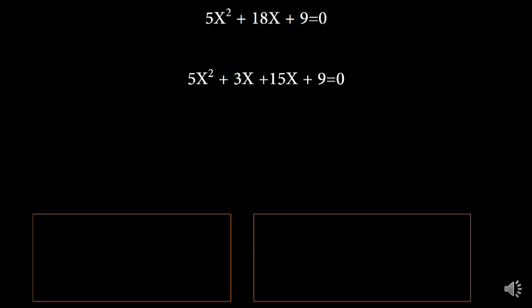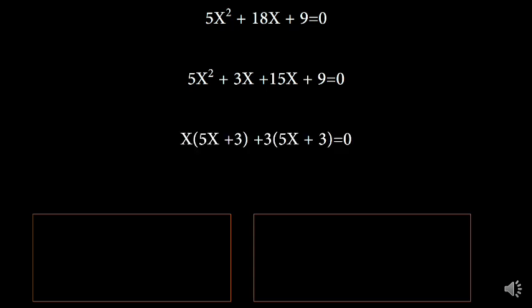The next step is to factor by grouping. So how do we do that? That will give us open bracket 5x squared plus 3x close bracket plus open bracket 15x plus 9 close bracket is equal to 0. Then after that, the step is to take the greatest common factor.